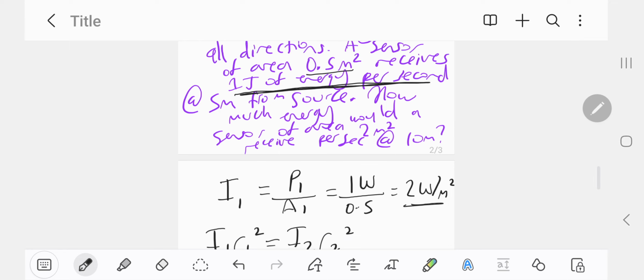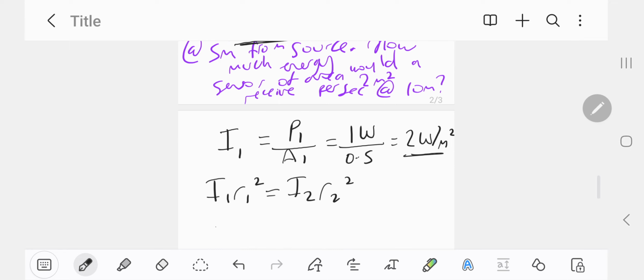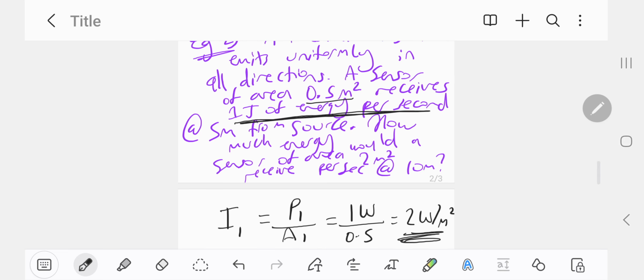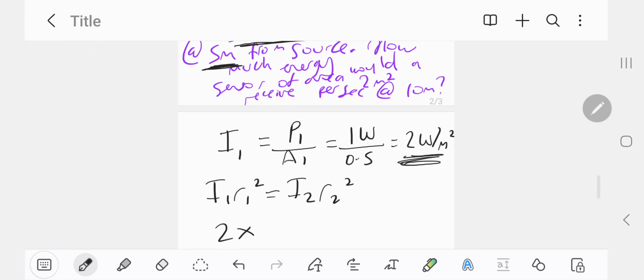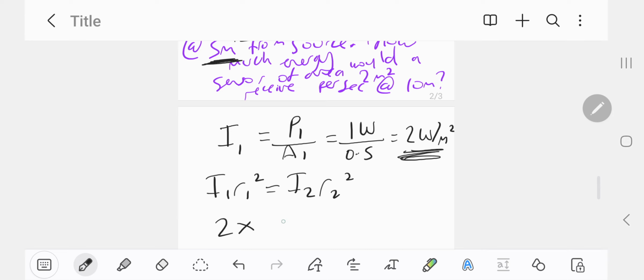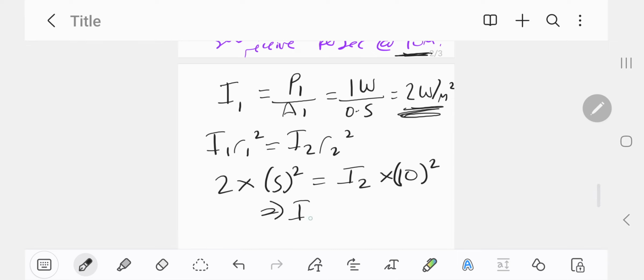So I sub 1 is just 2, we calculated that previously, times R sub 1 squared, which is 5 meters from the source, so this is the first distance that's popping up in the question, so times 5 squared, I should say. It's equal to I sub 2, that's the unknown, and the distance to the second sensor is 10 meters, times 10 squared. Rearranging, you'll find that I sub 2 is half a watt per meter squared.